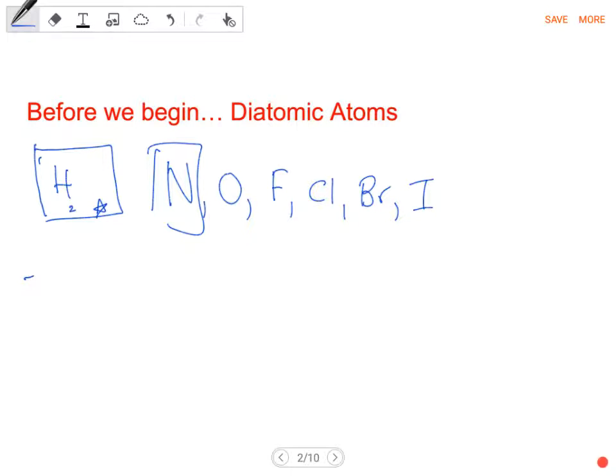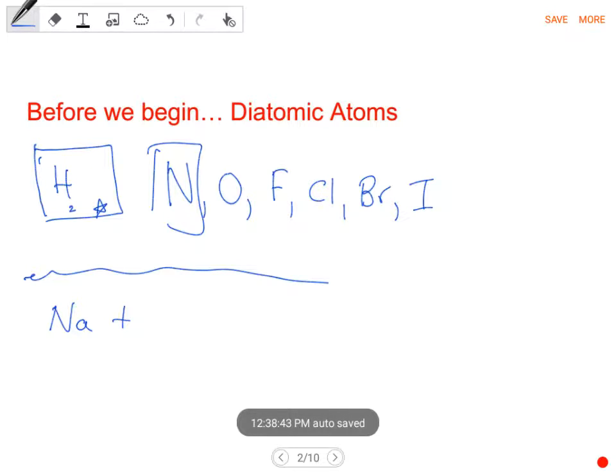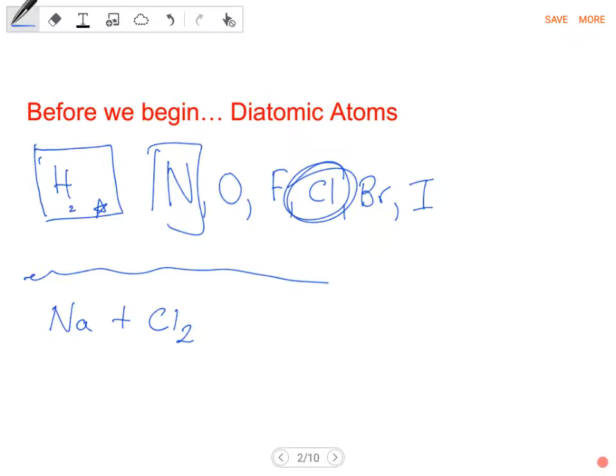So if you're doing an equation, and let's say someone said sodium plus chlorine, you don't just put Cl. It must be Cl2. Chlorine is diatomic, which means it always has a 2 with it.